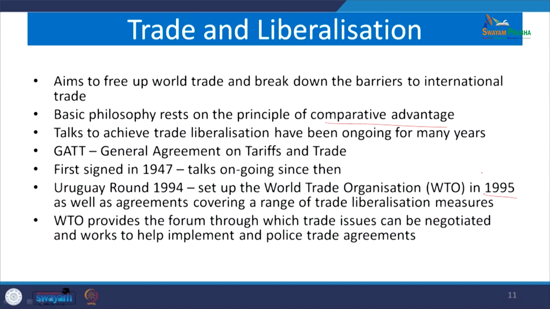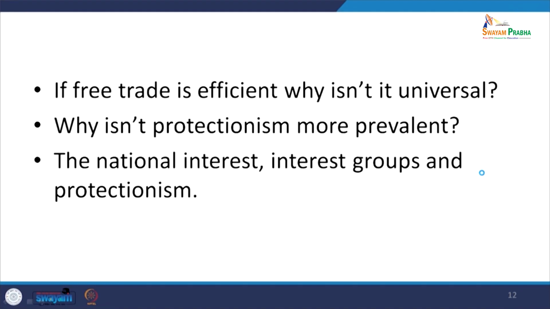So, that is the phase called trade liberalization. The WTO provides a better forum for trade issues which can be negotiated, and works to help implement and police trade agreements.